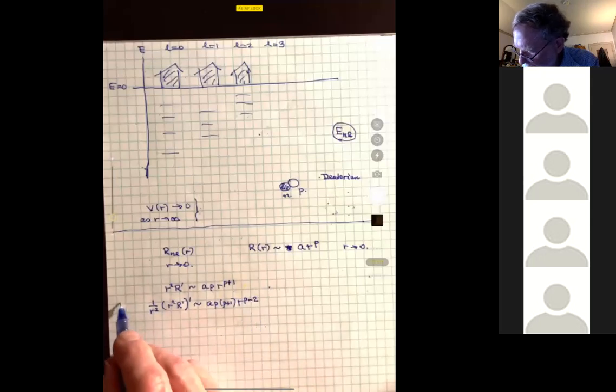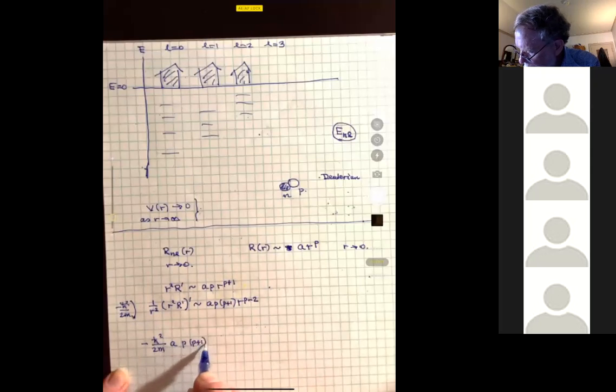And then eventually I'll multiply by minus h bar squared over 2m in order to get the radial part of the kinetic energy. In fact, let me write this out. It becomes minus h bar squared over 2m times A times p times p plus 1 times r to the p minus 2. This is the radial part of the kinetic energy.